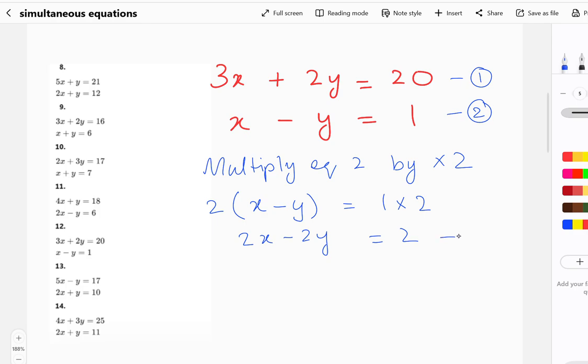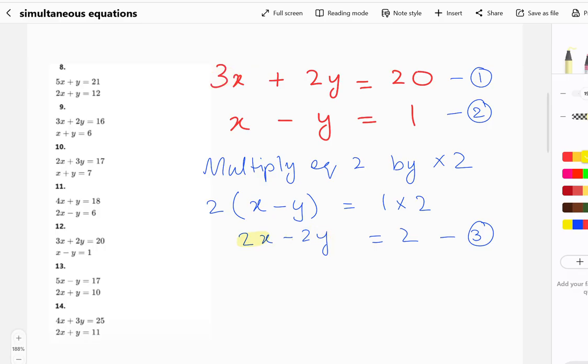Now this is another equation that we just developed, and we're going to be using this one because only then we can eliminate y. So if we add them, 2x plus 3x makes 5x, and minus 2y and plus 2y makes 0. Is that right?